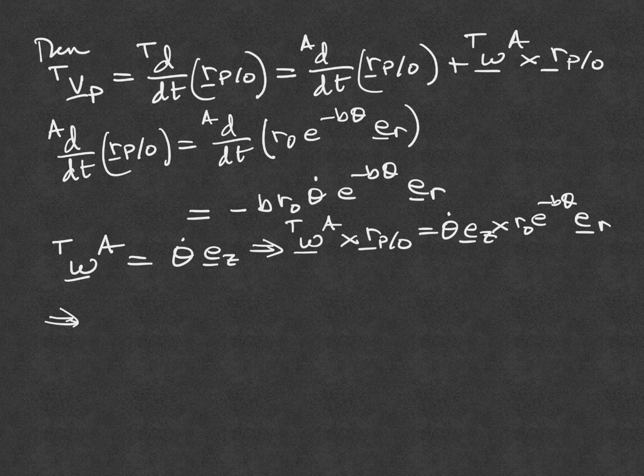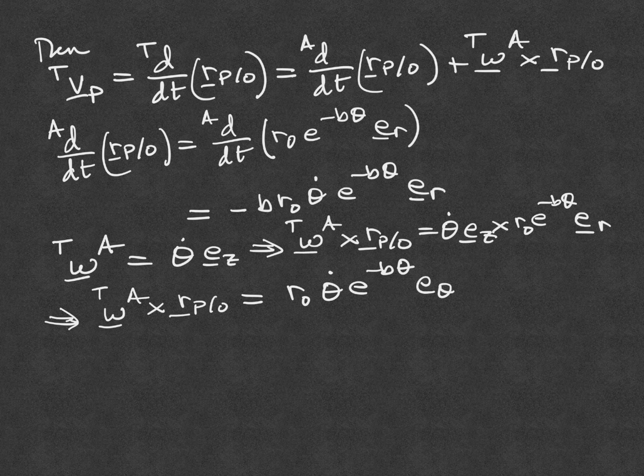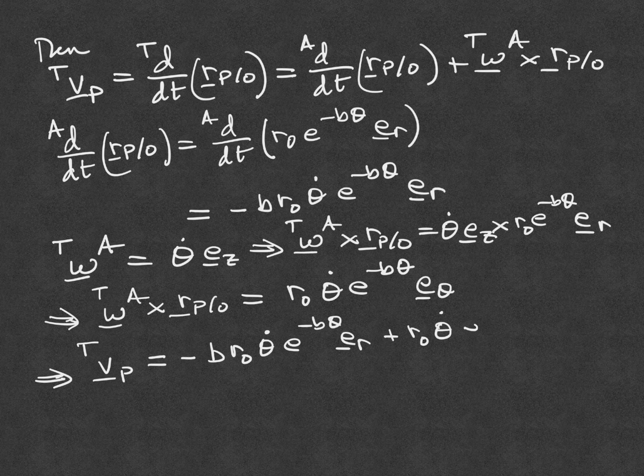So that implies that omega at crossed with the position of p relative to O is equal to r0 theta dot e to the minus b theta, and then ez crossed with er is e theta, which then gives that the velocity of point P as viewed by an observer fixed to the track is equal to the sum of these two terms, which gives me minus b r0 theta dot e to the minus b theta er plus r0 theta dot e to the minus b theta e theta.